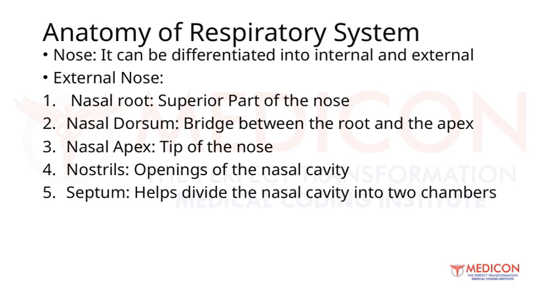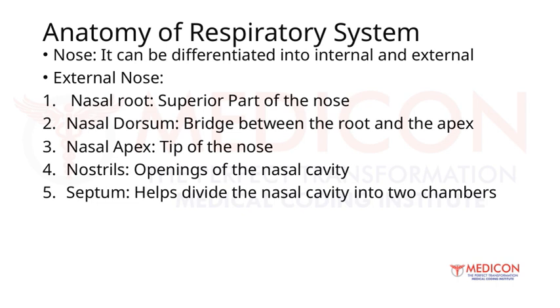Below the apex, you'll find the nostrils, which are the openings leading into the nasal cavity. These openings are crucial because they allow air to enter and exit the respiratory system. Another important structure is the septum. The nasal septum is a wall made of cartilage and bone that helps divide the nasal cavity into two separate chambers.